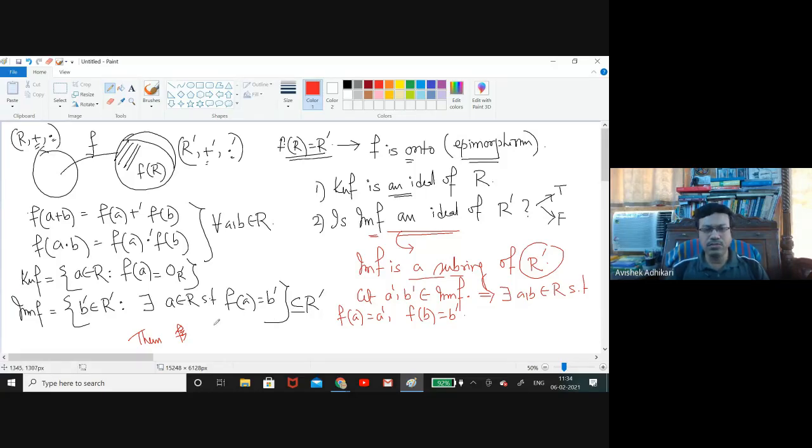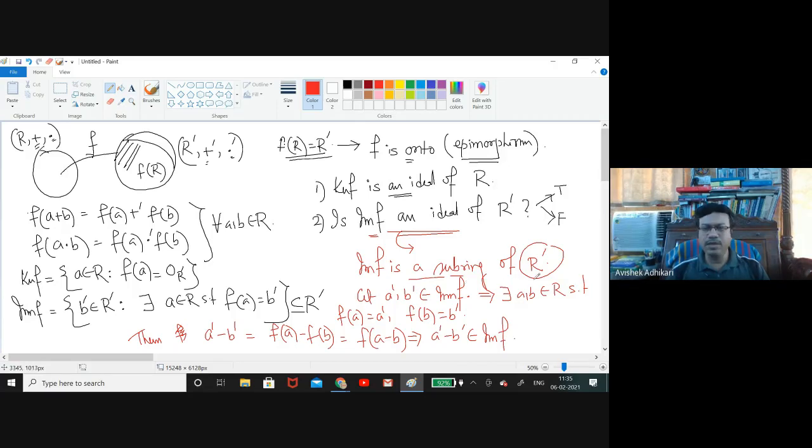So we just need to check A dash minus B dash, which is equal to f A minus f B. Since this is a homomorphism, we have f of A minus B. Now see, for this A dash minus B dash, there exists A minus B belonging to R whose image is A dash minus B dash. That implies A dash minus B dash belongs to image of F.